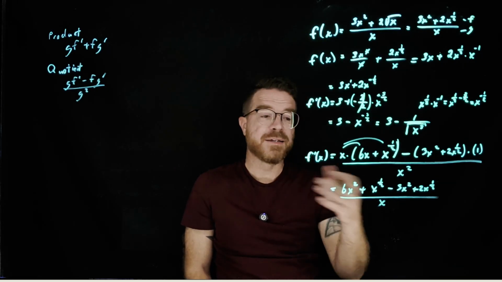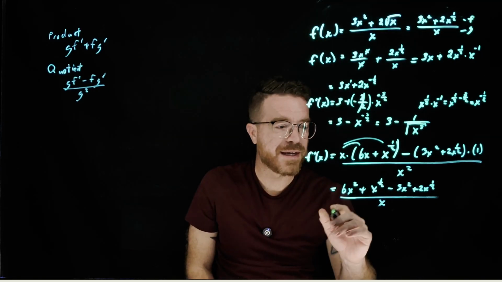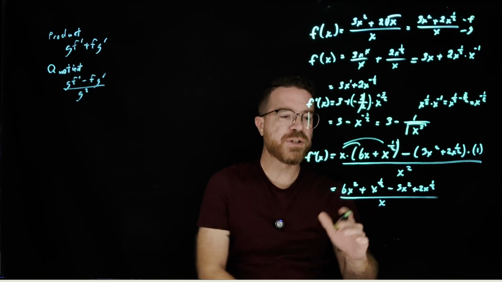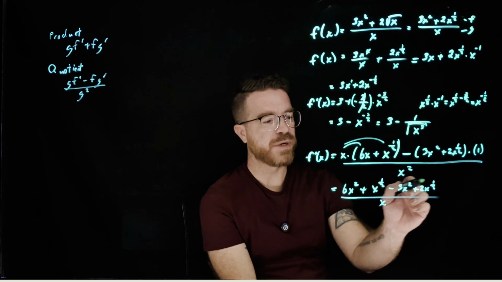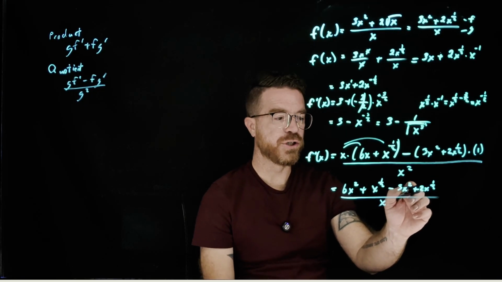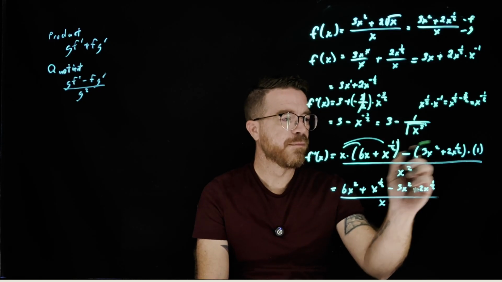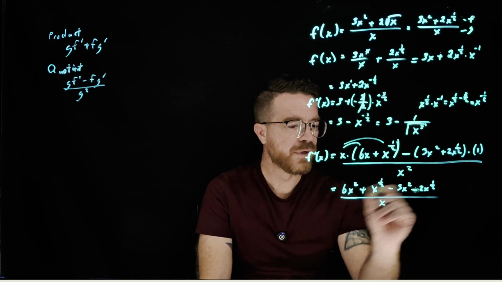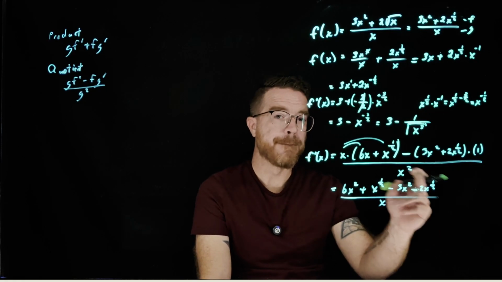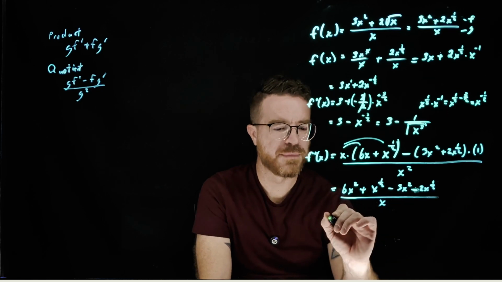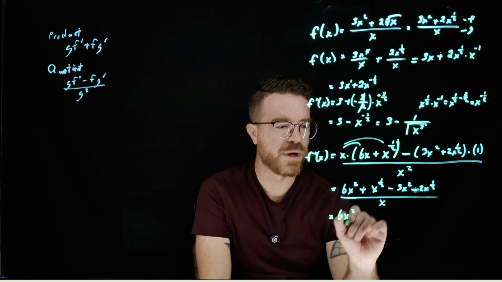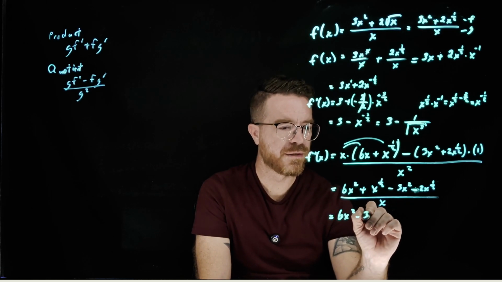Now, of course, I can now divide everything out by this x. So in this case, actually, first thing I'm going to do is I'm going to take this x to the 1/2 and I'm going to bring it over here with this 2x to the 1/2, which should have been negative because I distributed a negative. So we have x to the 1/2 minus 2x to the 1/2, so this would be 6x squared minus 3x squared.